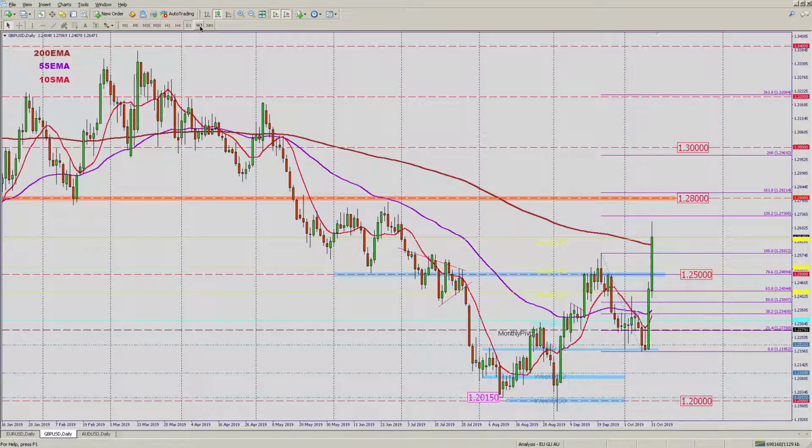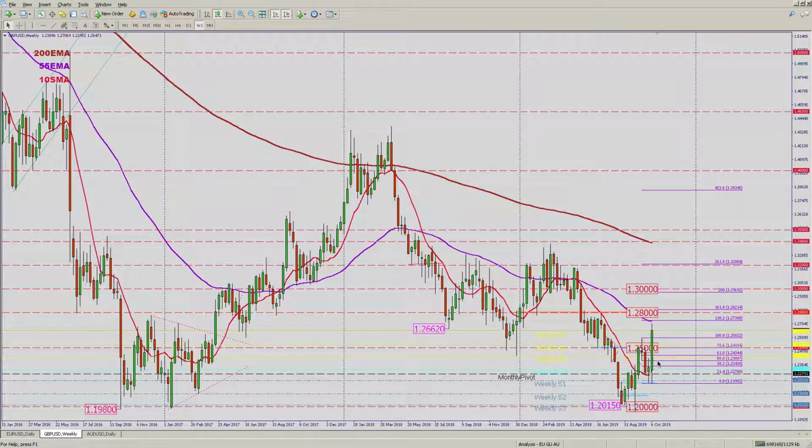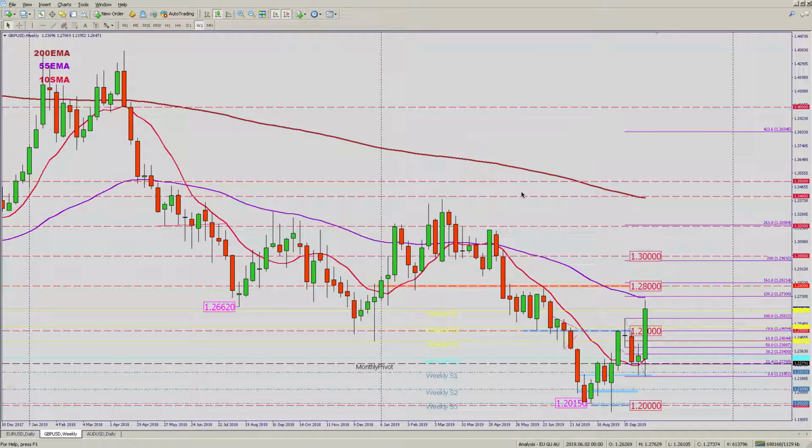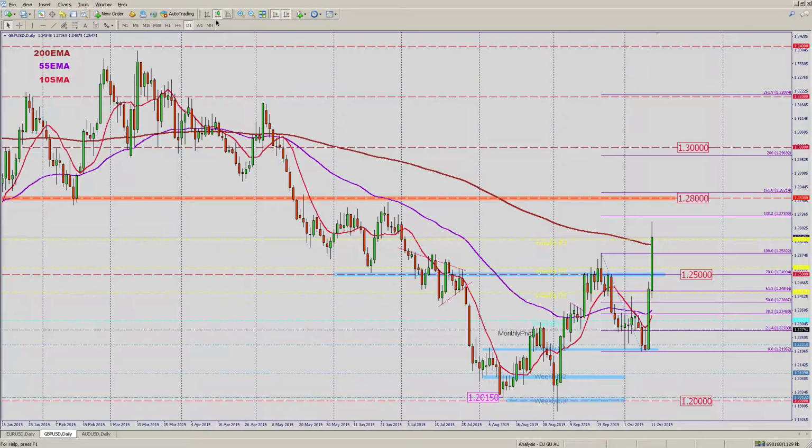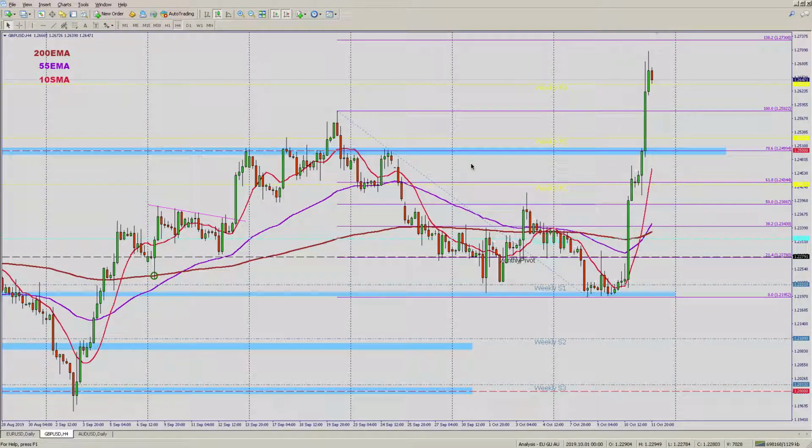All right, so on the weekly time frame, you can see that bullish move, and the weekly 55 EMA is just right near the 138 fib extension level. Let's take a quick look at the 4-hour time frame.